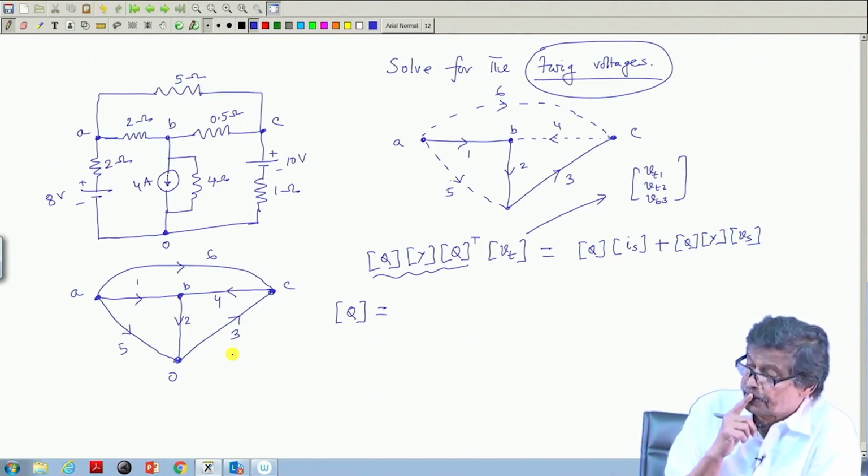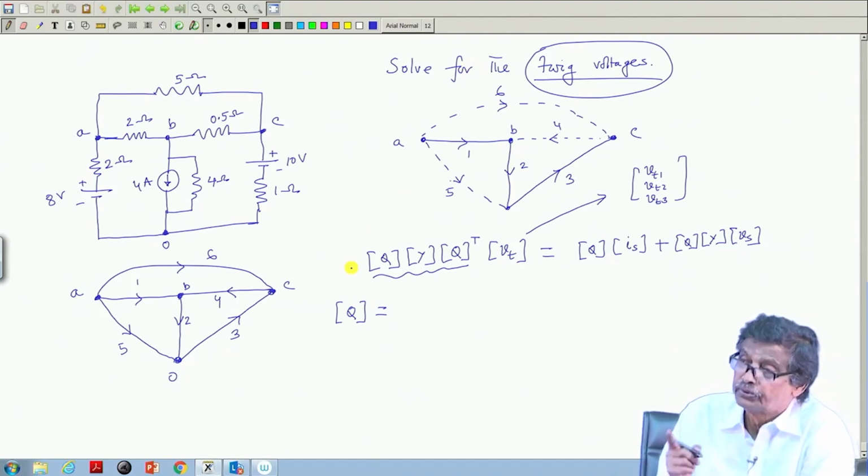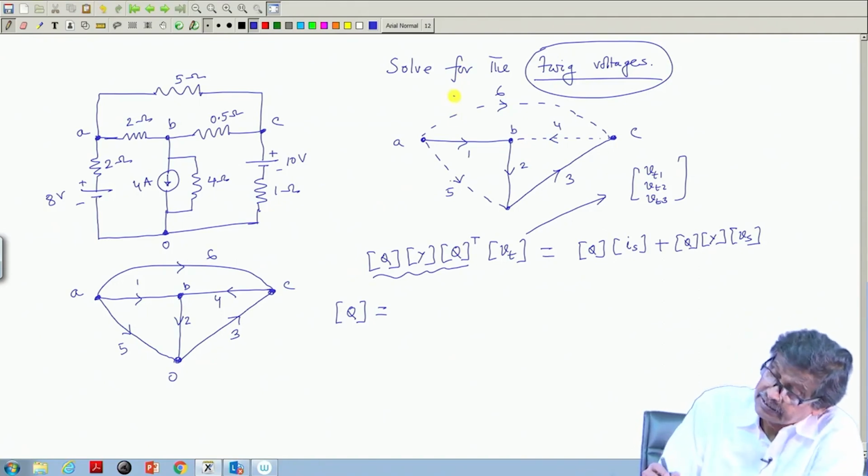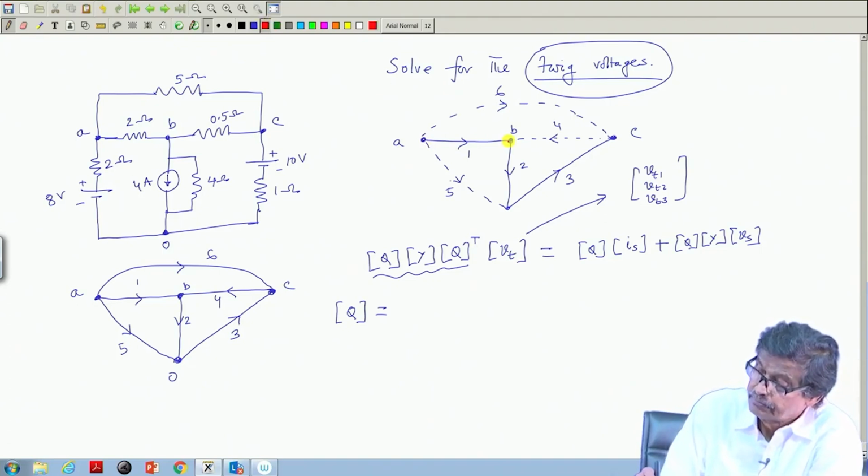Wherever you cut this network, there should be only one twig present, that is the first thing. So, the first cut set is this one involving 1, this is cut set 1.